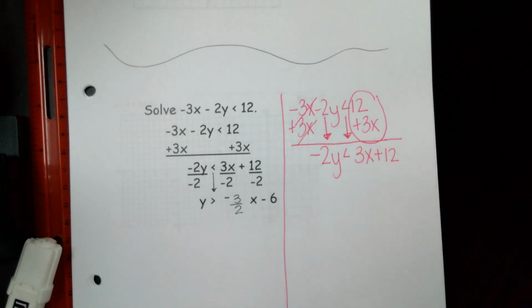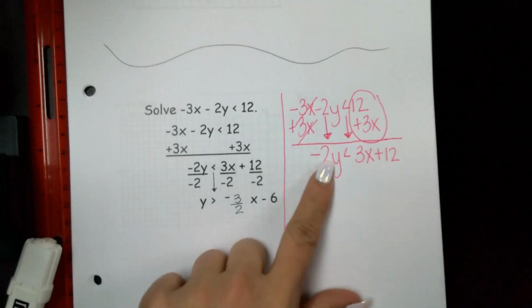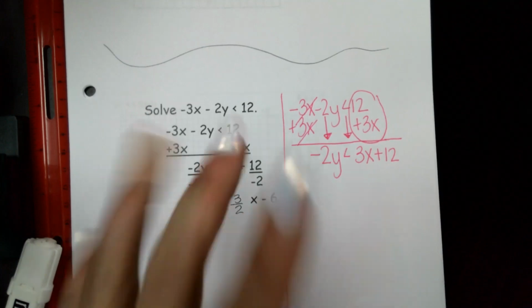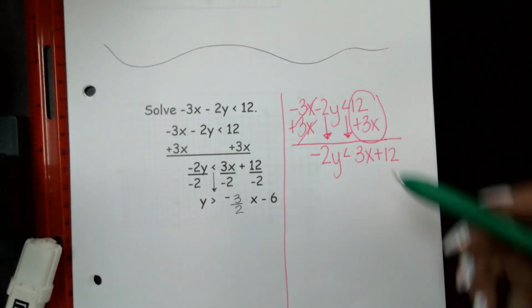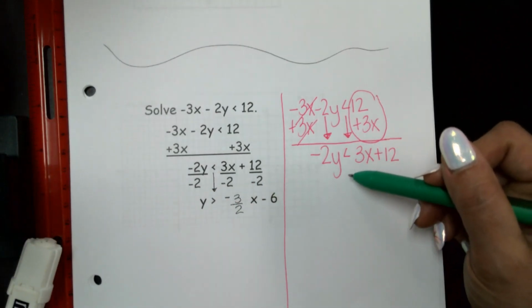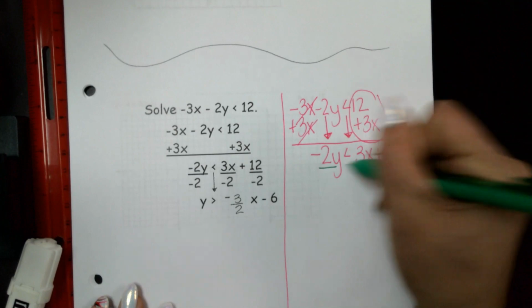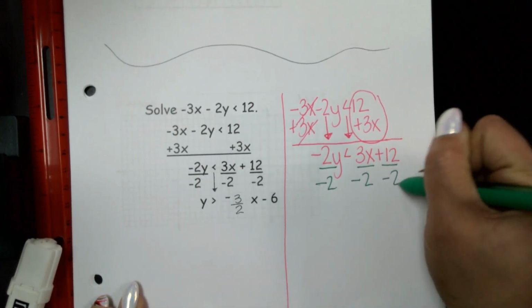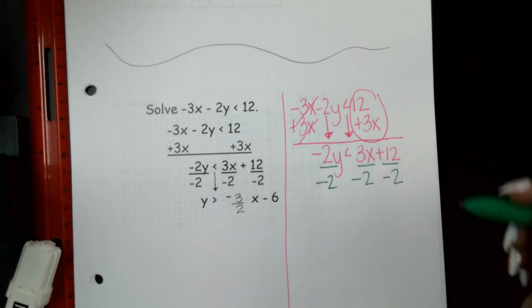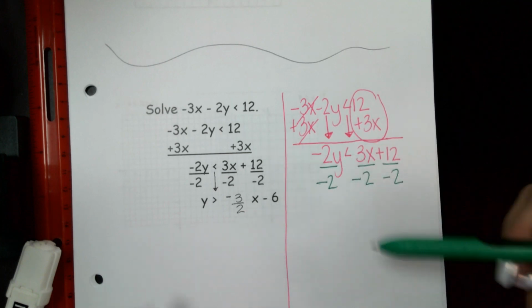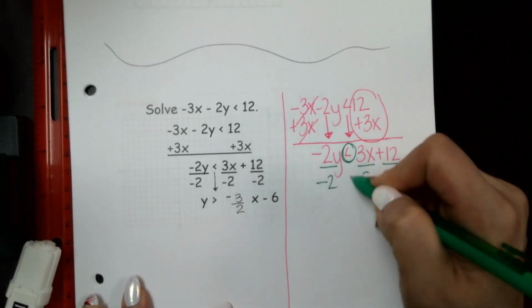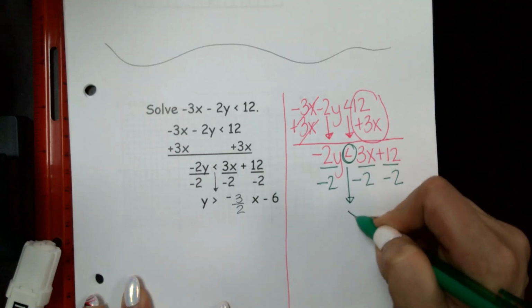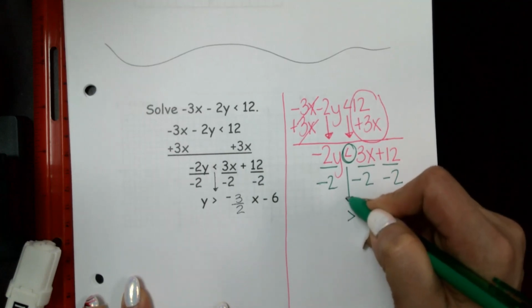So now comes the division step. Please listen to me. If this were a positive 2 and we divided by a positive 2, this symbol would stay a less than symbol, okay? But since we are dividing by -2, the rule in math states that if you divide by a negative, this symbol always has to flip around.